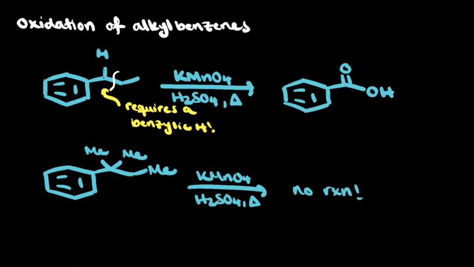So that benzylic hydrogen is very, very important for this. You might also see this reaction with H2Cr2O7 rather than KMnO4. So just be ready to see that in case that comes up. Mechanism, we don't know. What happens to the rest of the carbon chain, we don't know. All we know is that you will end up with a benzylic carboxylic acid.